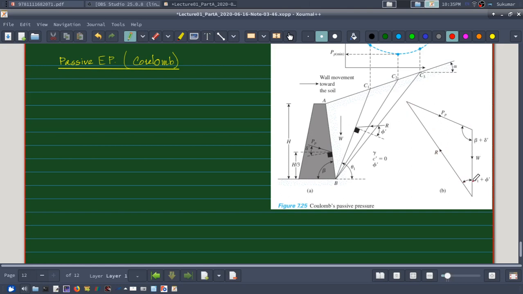So earlier it was theta minus phi, now it is theta plus phi. Similarly, earlier it was beta minus delta, now it will be beta plus delta, because it has gone in the opposite direction.